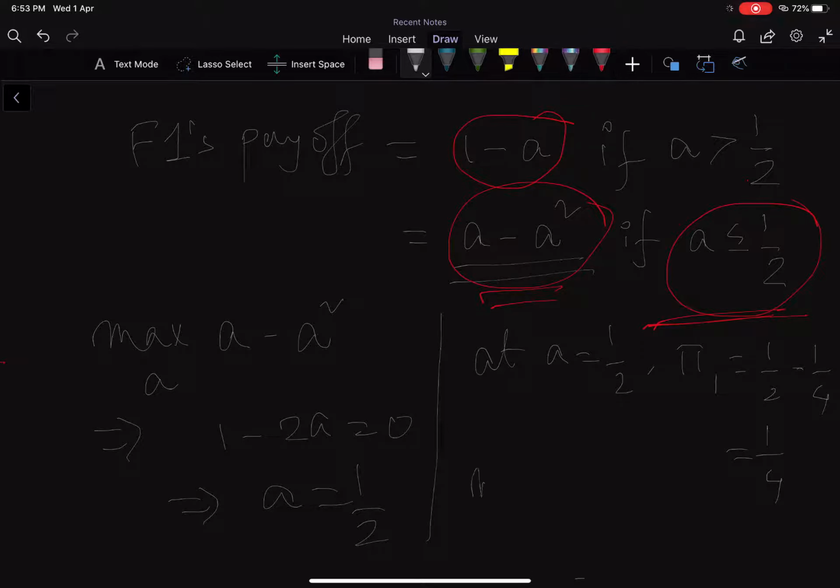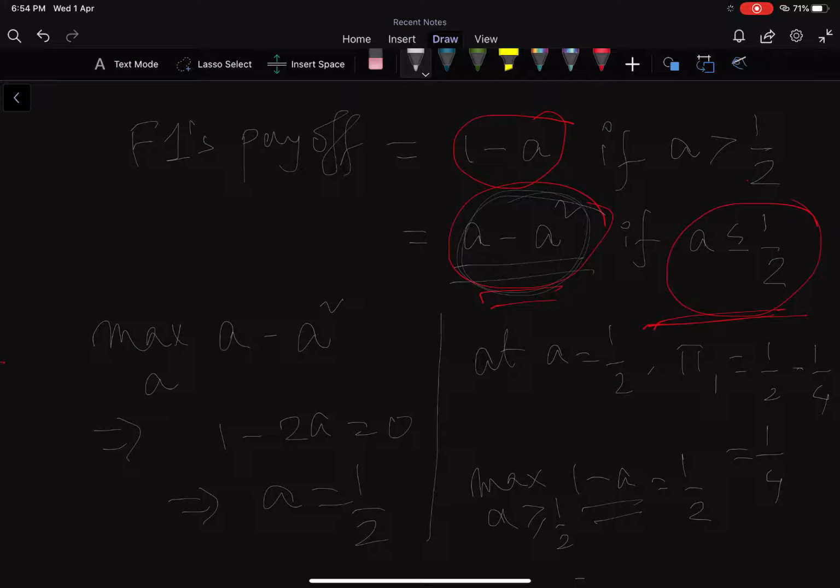The maximum of 1 minus A, given that A is greater than or equal to half, is half, at A equal to half. So at A equal to half, this payoff is bigger than the other payoff.